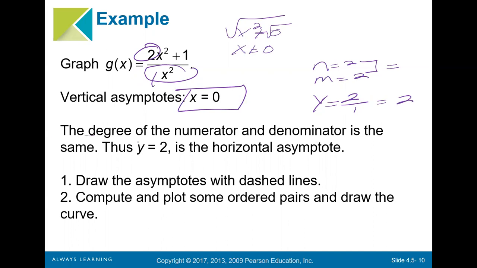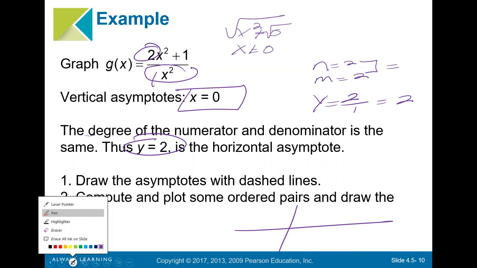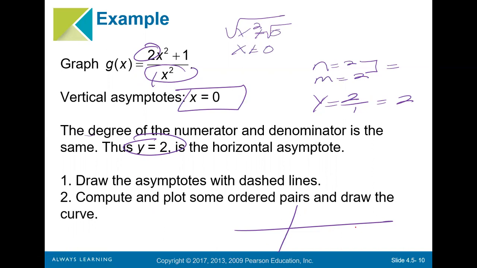So my horizontal asymptote is y equals 2. And then, of course, when you draw this out, you don't want the function to cross where the vertical asymptote is, which is x equals 0, down the y-axis. And then we got y equals 2 for the horizontal.